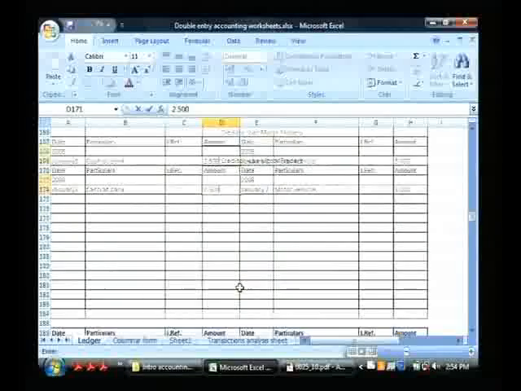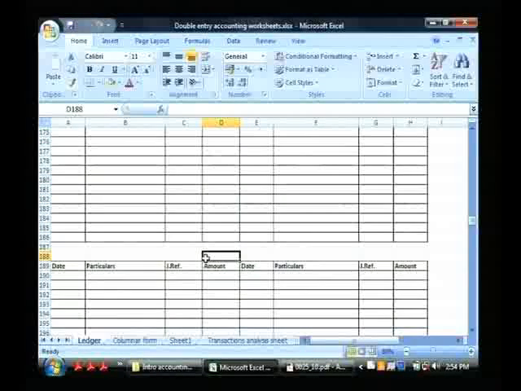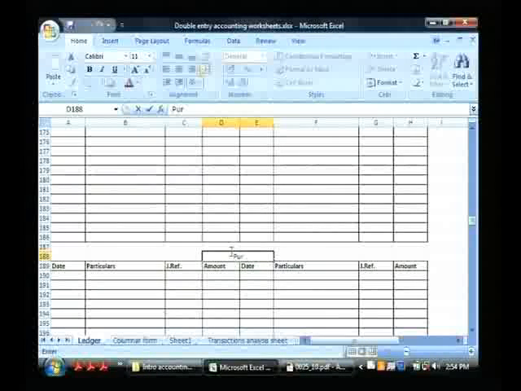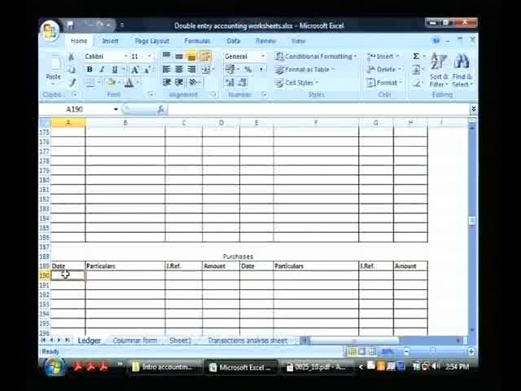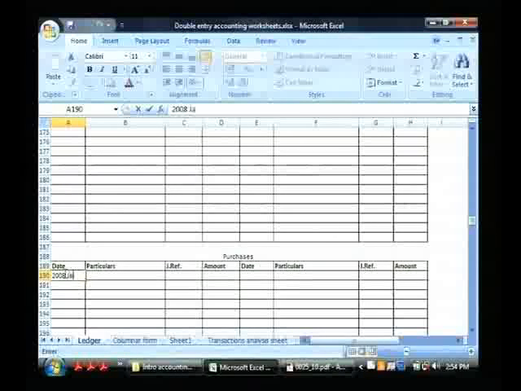Purchase stocks, so then we have to have another account, that is purchases account. Okay, here purchases debit, 2008, January 4th.